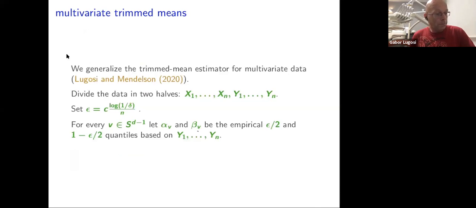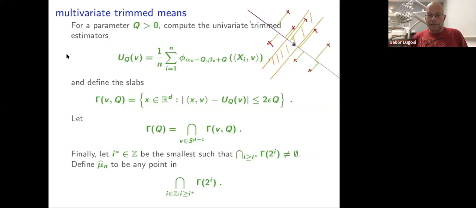So here you can see we project on this line, we compute the trimmed mean estimator on this. There's one little modification, is that here we have a parameter Q, and so instead of looking at just these empirical epsilon quantiles, we have to go a little bit beyond those. So we have to make it a little bit wider, and this is the price we have to pay so that these things work simultaneously in each direction.